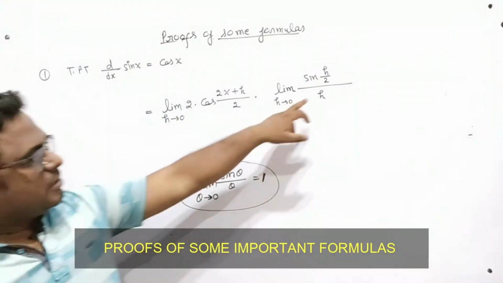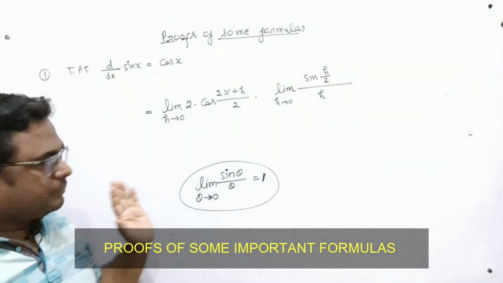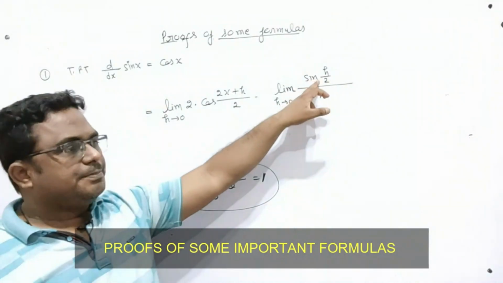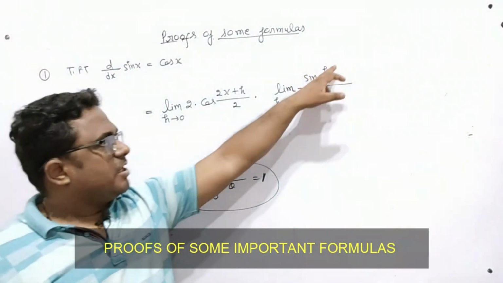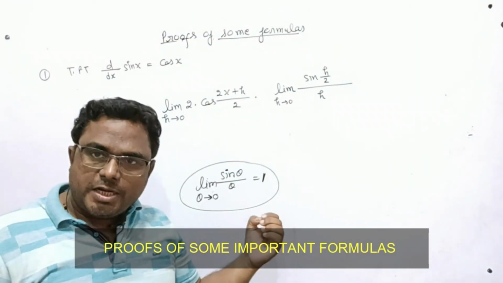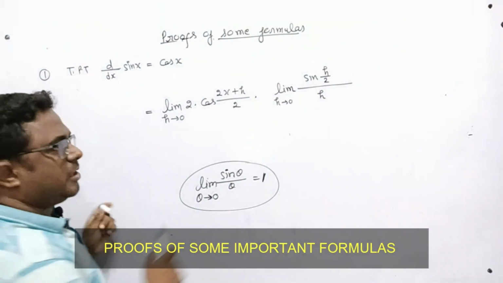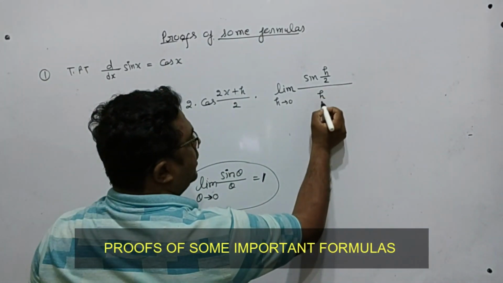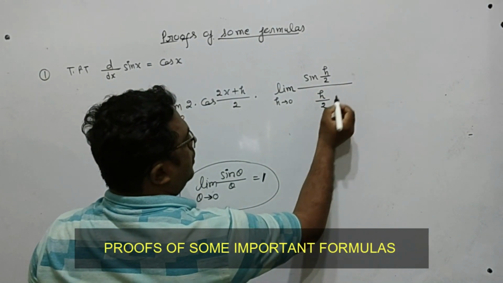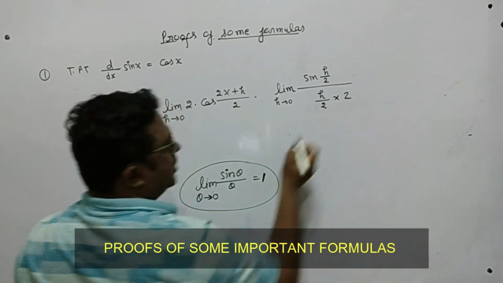So let us compare this step with this theorem. What is the angle of sine here? Angle of sine is h by 2. So I need to make the same angle in the divide here. For that, I am dividing by 2 and multiplying by 2 simultaneously.